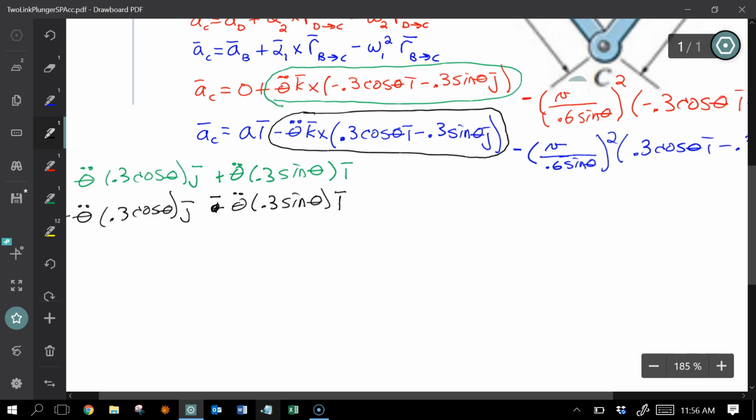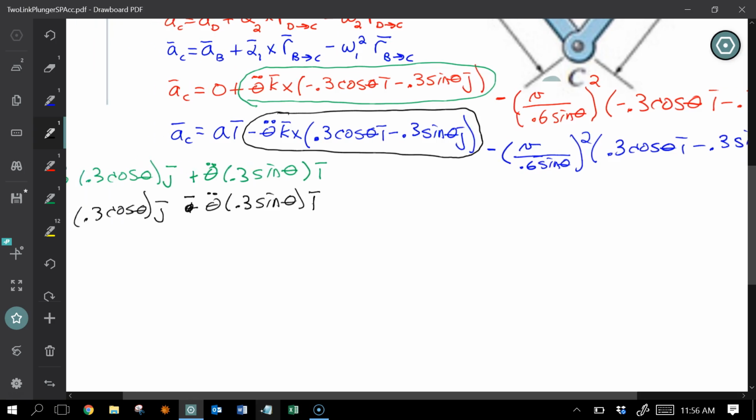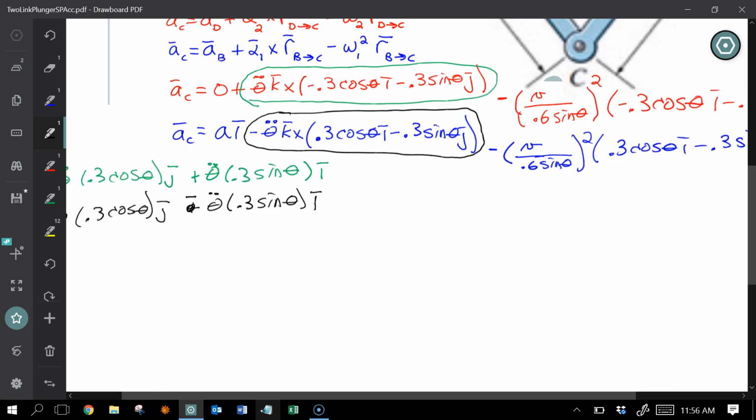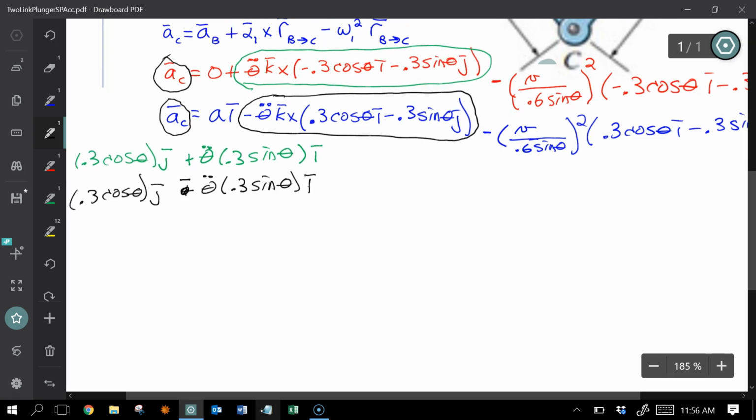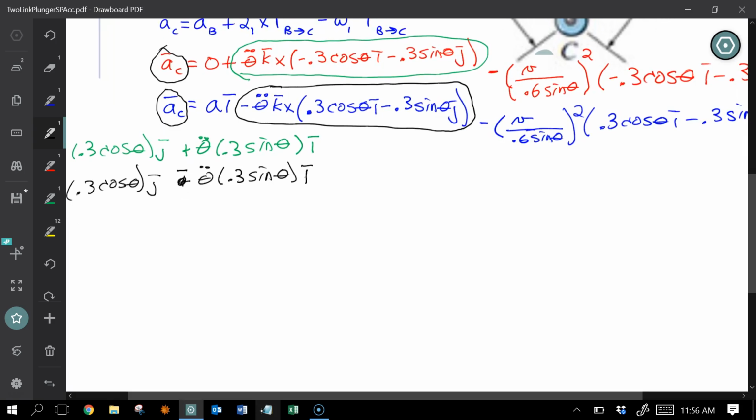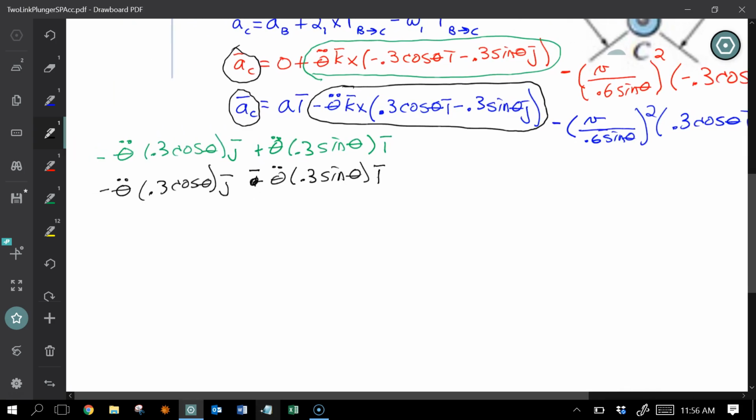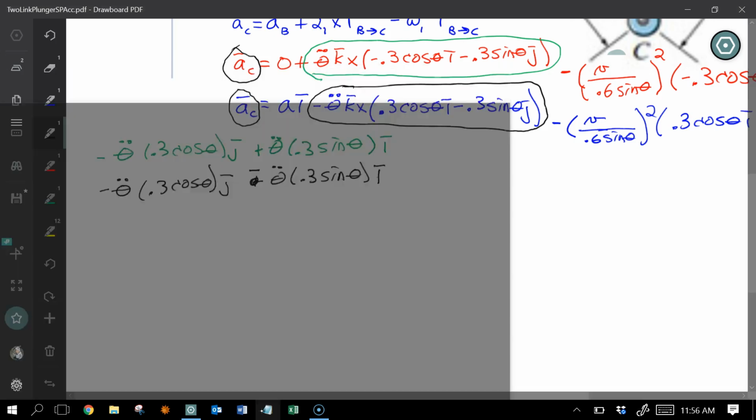Okay, now that I've done the cross products, we're going to gather up all of the i's and j's and everything else. Because the first equation, that's AC and AC, then the right hand sides are equal. So I'm just going to do the right hand sides. Okay, so here we go. The red part is the cross product. That is a negative.